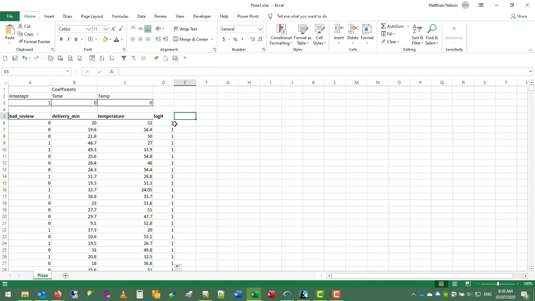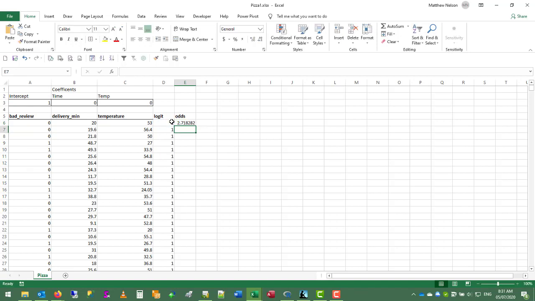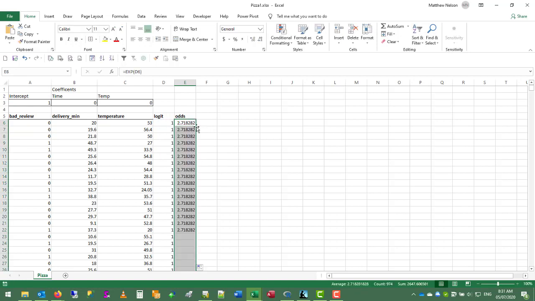Now we have to do some workarounds to extract the probability. So the first thing we need to do is take the anti-log in order to get the odds. So we use the EXP function times D6, and this gives us Euler's number, e.